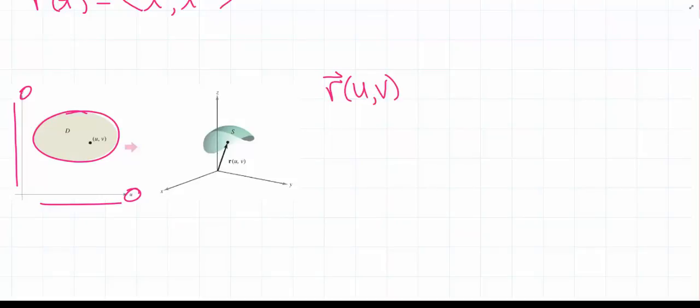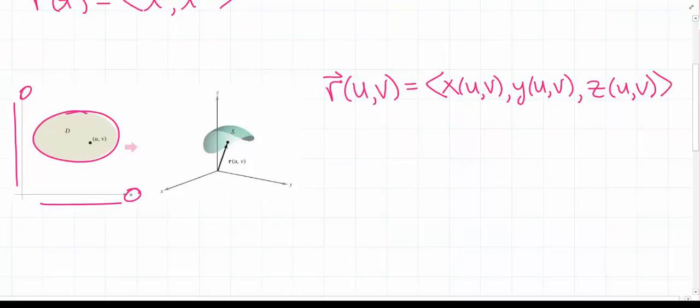It's r of uv, and over here we would have x, which is a function of u and v, y is a function of u and v, and z is a function of u and v. So there is a vector valued function, and this is just the general form of parameterizing a surface.